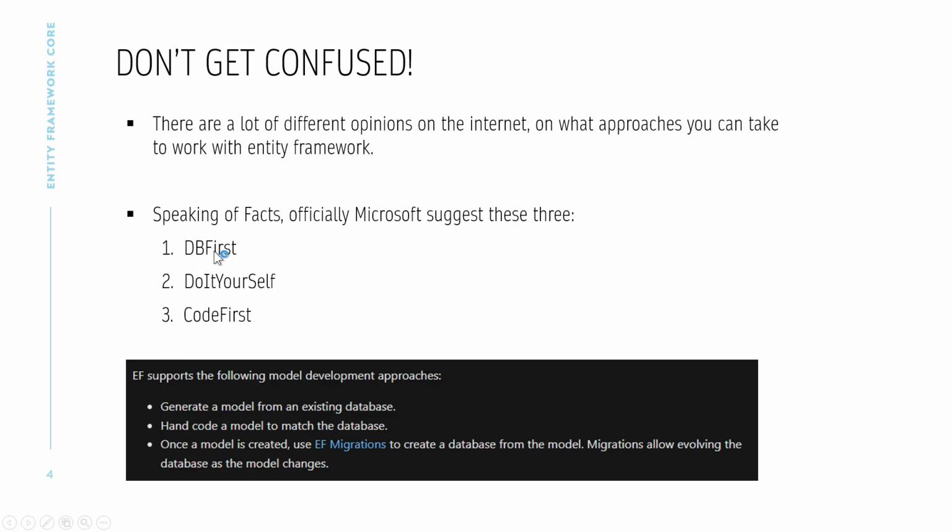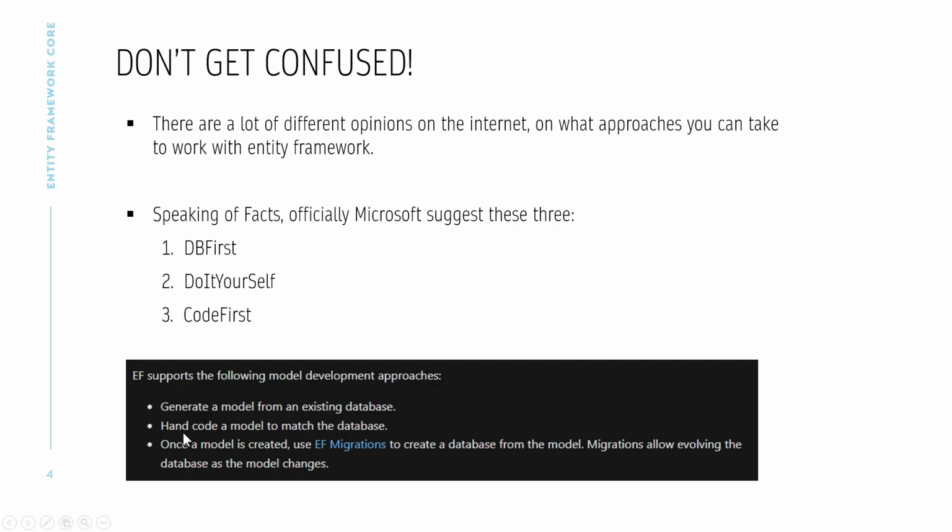That is DB first approach. The third one is once a model is created, use Entity Framework migration to create the database from the models. They are saying that the model is created, the code is done, so the C# models are created. You can then choose to create a database based on these models. This is code first approach.